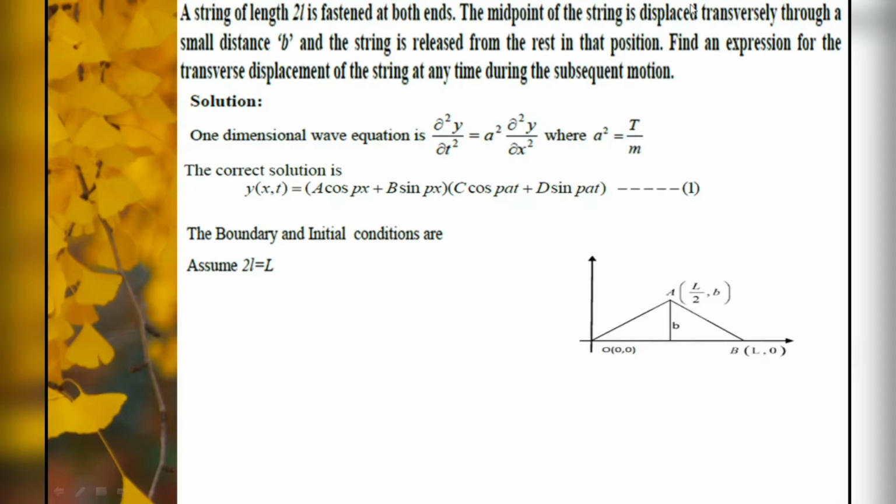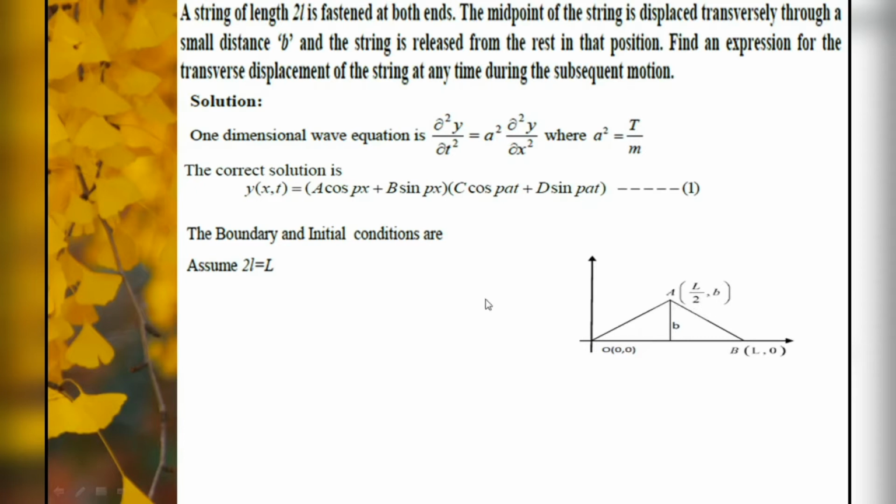It is given in the problem as displaced transversely through a small distance. So if the length is capital L, the midpoint of it is L by 2, and the y length is b here. So this point is taken as L by 2 comma b.